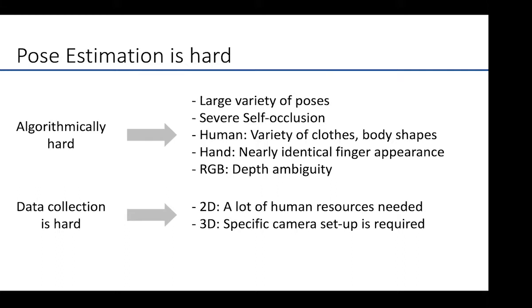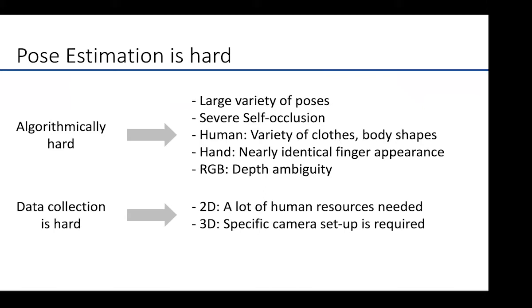The model should somehow deal with self-occlusion, and when finger and finger look identical and there is self-occlusion, it is a very hard task for the model. Humans can have different body shapes and wear different clothes. So a key point is not about finding a pattern, because the pattern can be different depending on the clothes.